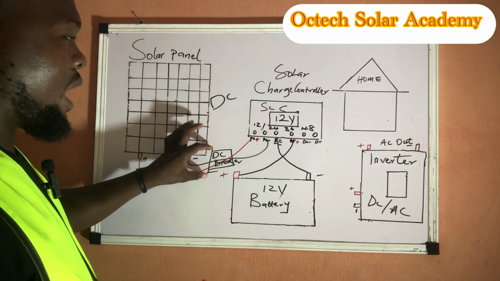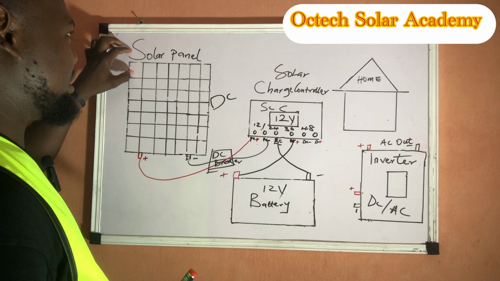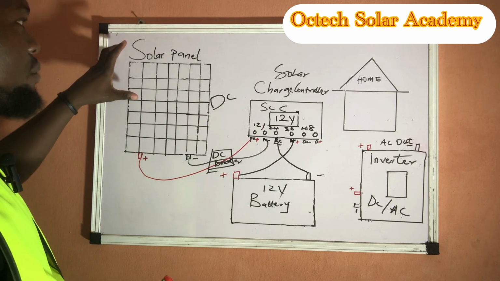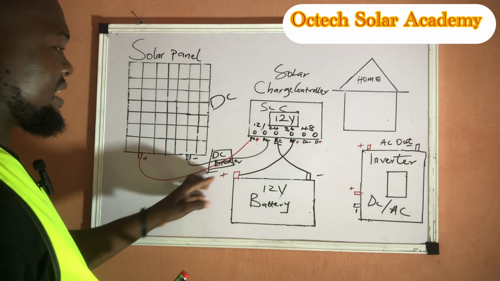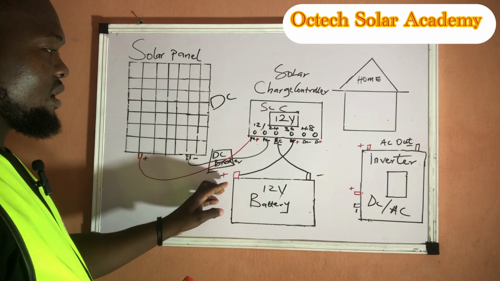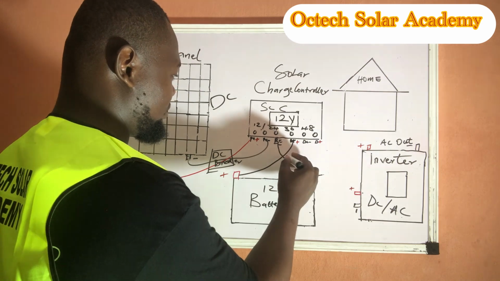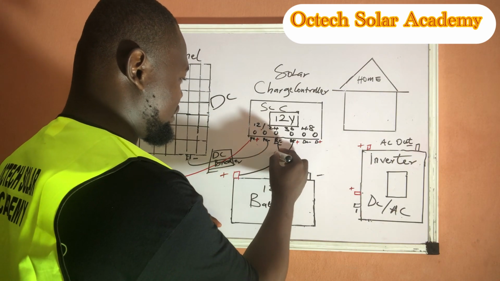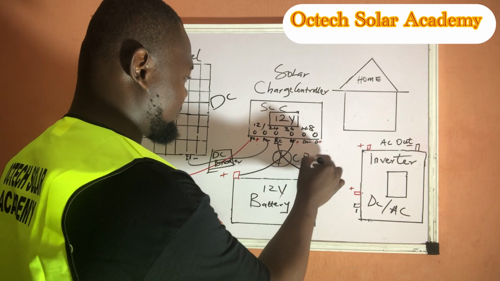We're going to explain why we need this DC breaker here: the current coming out of this solar panel that goes to the charge controller is DC. The one that comes to this battery equally is DC too. You can also introduce your DC breaker here as well.